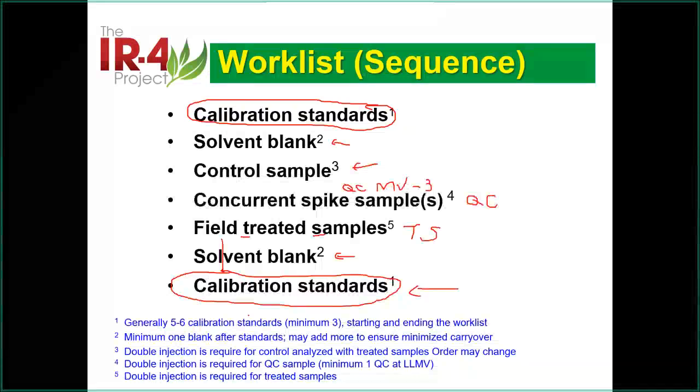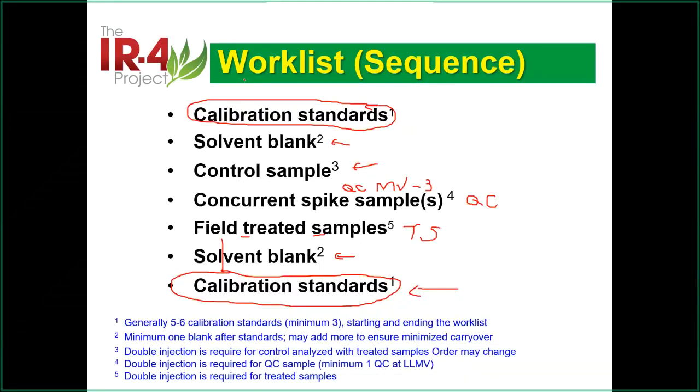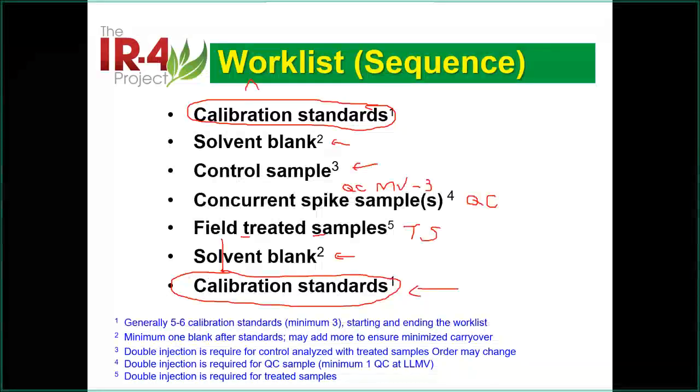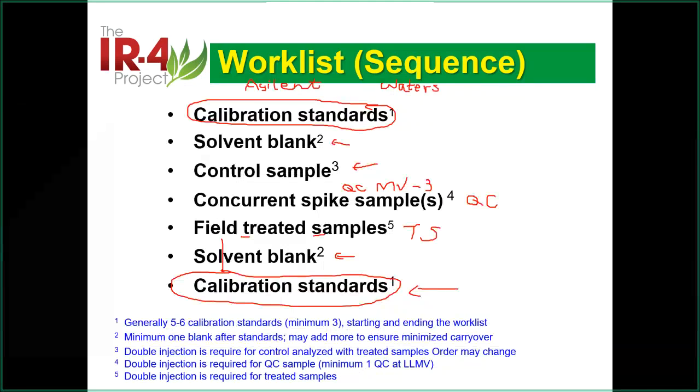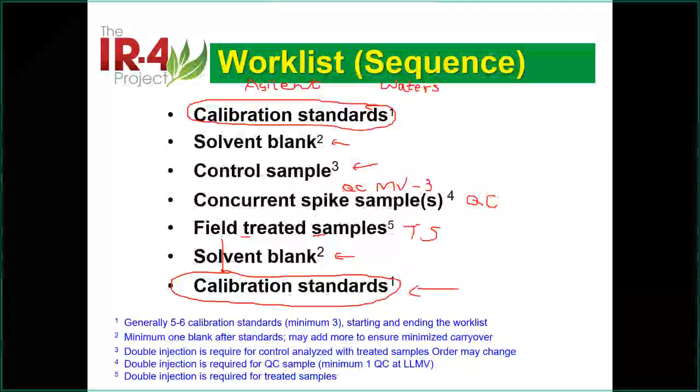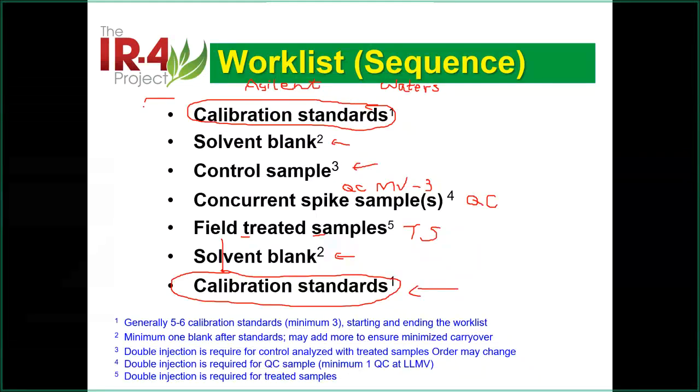Okay, so these are the general sequence or work list. That's the adjuvant. We call that work list. If you are using a Waters instrument, it's typically called a sequence, and most other instruments call that a sequence.